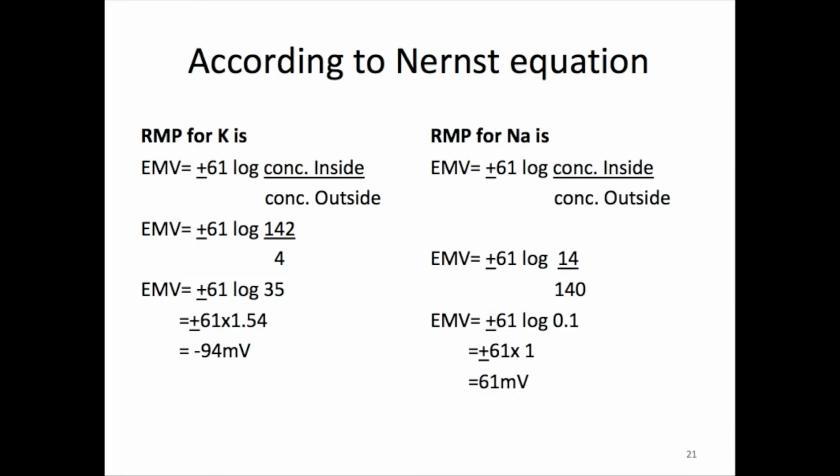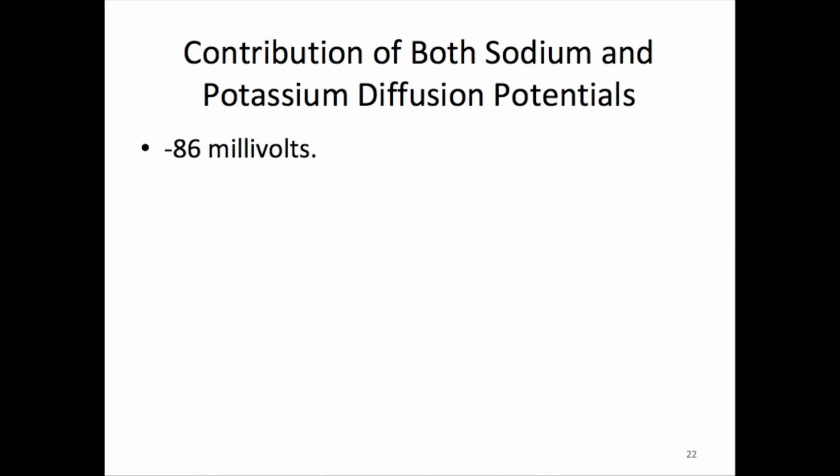The ratio of sodium ions from inside to outside the membrane is 0.1, which gives a calculated Nernst potential for the inside of the membrane of positive 61 millivolts. Applying the Goldman equation gives a combined potential inside the membrane of minus 86 millivolts.